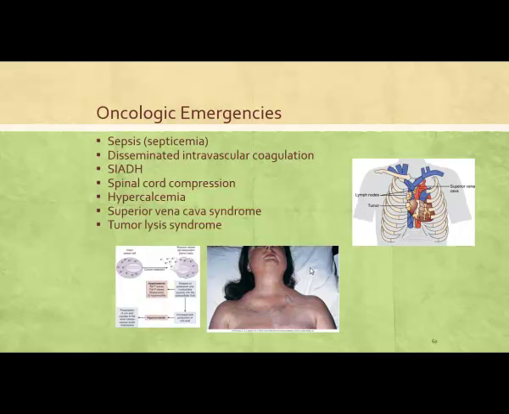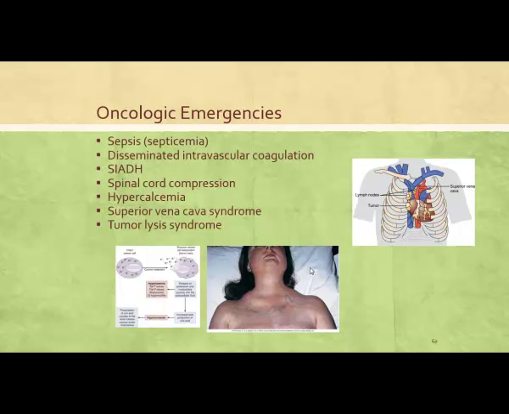When we think about sepsis, sepsis is obviously a condition in which an organism enters the bloodstream. And when we think about sepsis, our cancer patients are really at high risk due to the leukopenia or the decreased white blood cells. And a lot of times with tumor necrosis, because we're giving chemotherapy drugs, it causes tumor necrosis.